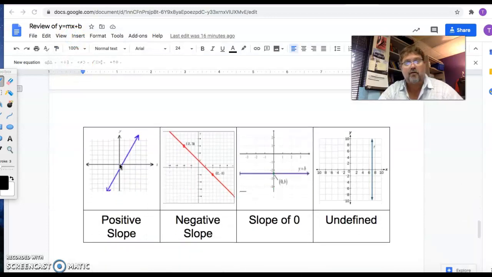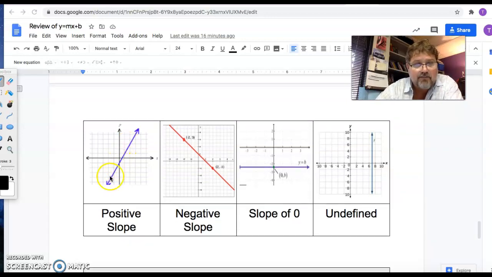All right, now, as we go down here to talk about slopes for just a minute, positive slopes go up if you think of it from left to right. If you're reading a graph from left to right and it's increasing, that's a positive slope. If it's decreasing from left to right as you read the graph, it's a negative slope.